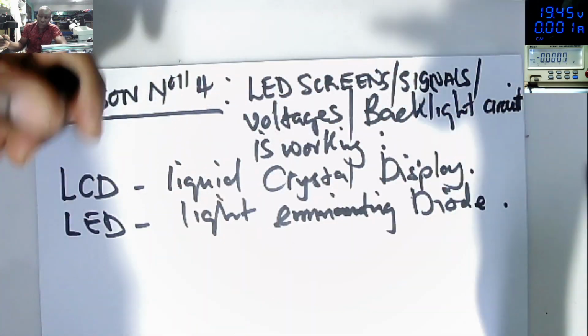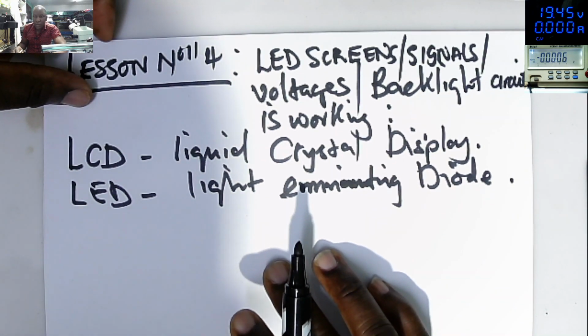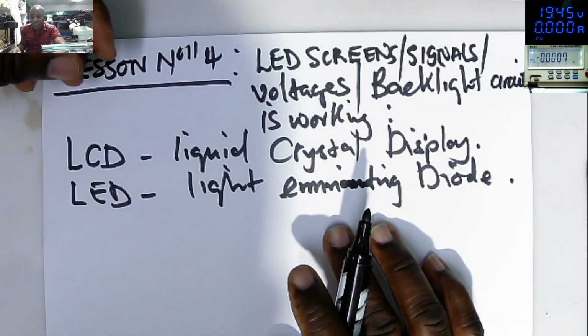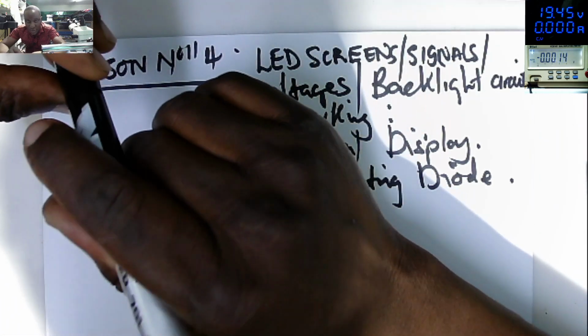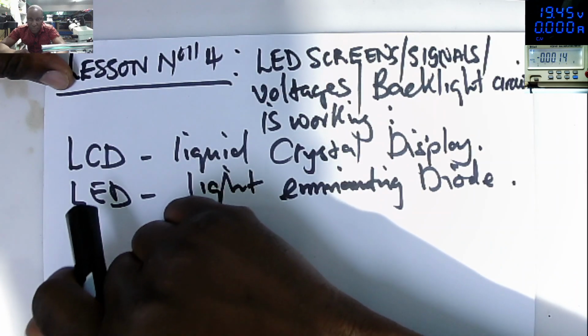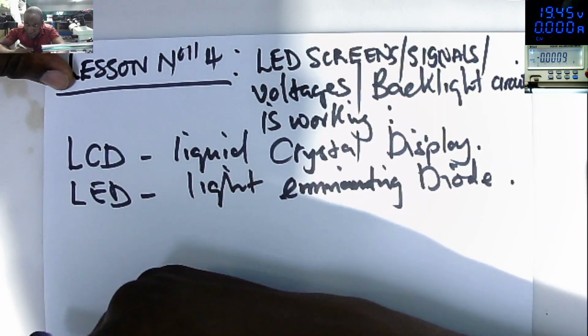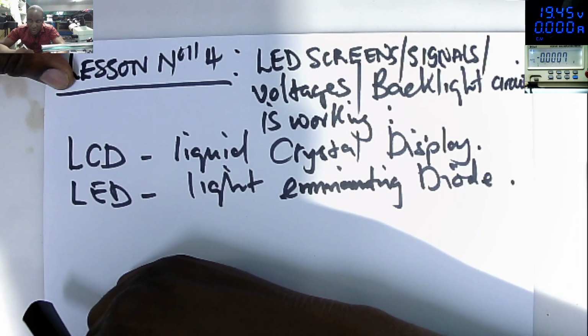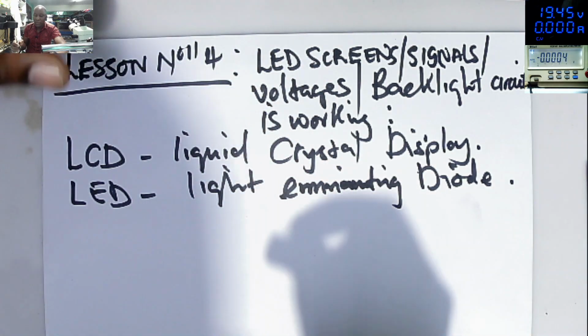So what is important on the laptop screen? I shall speak about the LED, because there's no point speaking about LCD, because nowadays most of the screens are LED screens, light emitting diode.